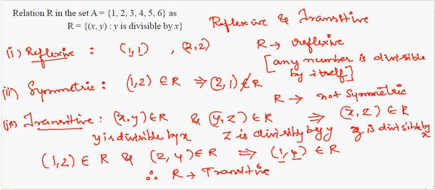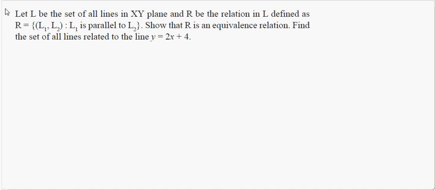Next, we'll move on to the question: let L be the set of all lines in the xy plane and R be the relation in L defined such that L1 and L2 are parallel to each other. So you need to show R is an equivalence relation.